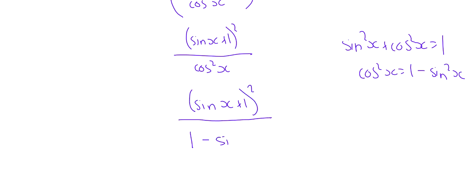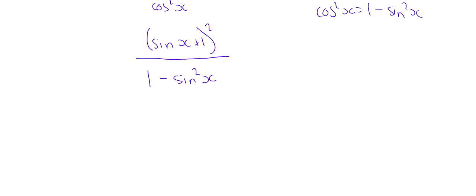Now, this is the bit that people will often miss. Have a look at this bottom bit. Can you see a pattern? Is there something we know about this that's going to help us? I'm going to give you a second to think. Starts with D. This is a DOPS pattern, something squared minus something squared.